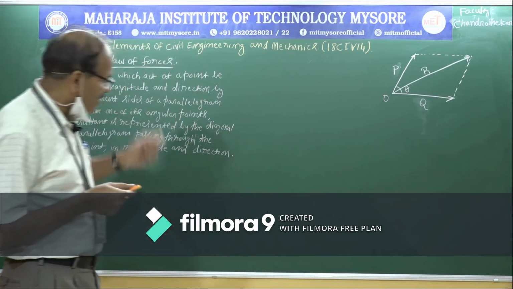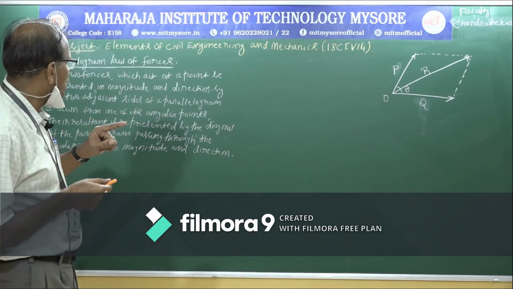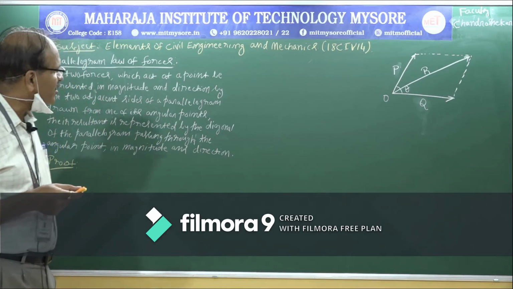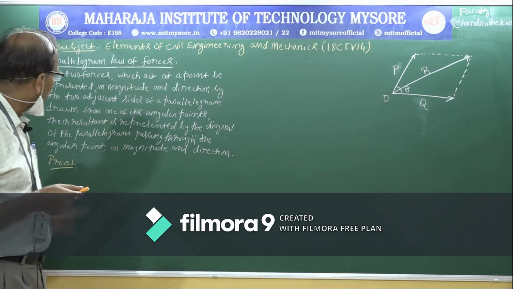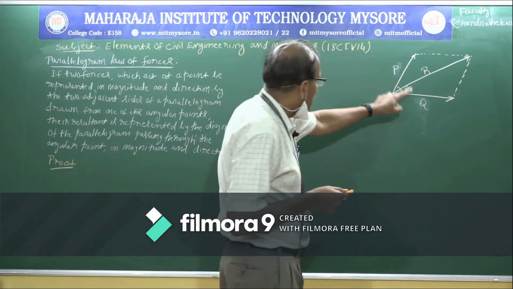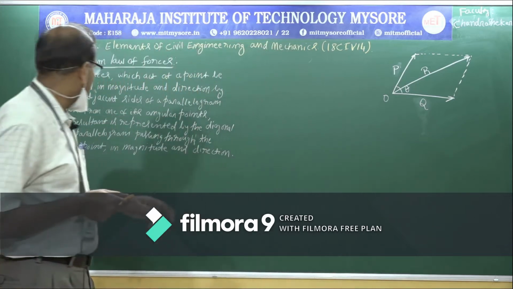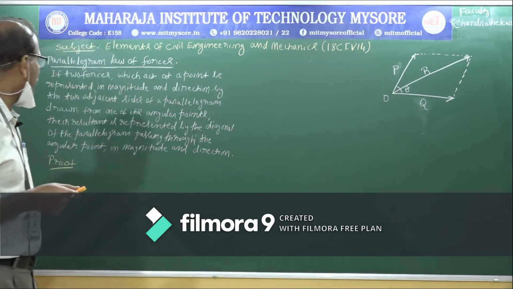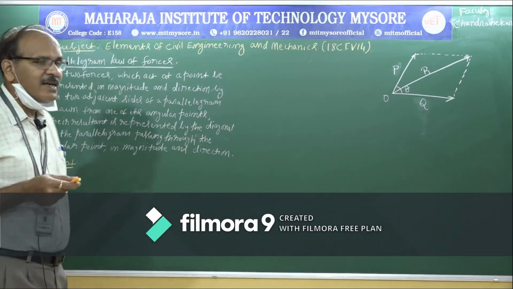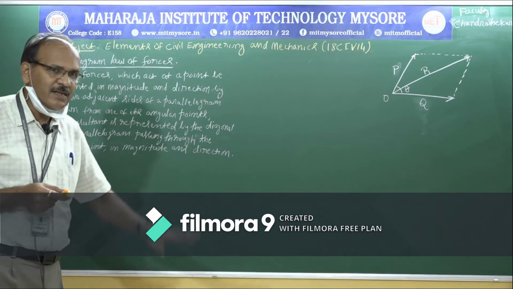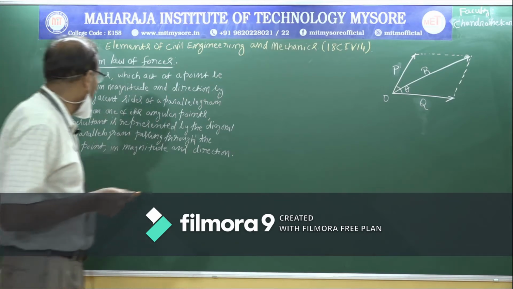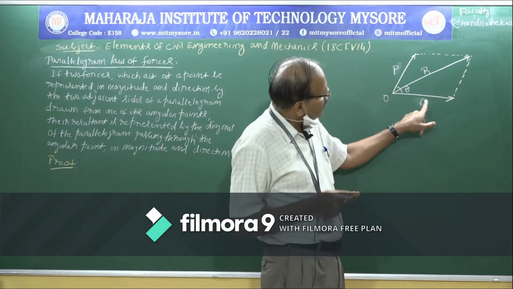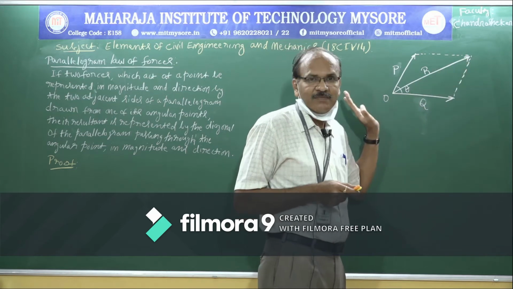The statement says, if two forces which act at a point be represented in magnitude and direction by the two adjacent sides of a parallelogram drawn from one of its angular points, their resultant is represented by the diagonal of the parallelogram passing through the same angular point in both magnitude and direction.